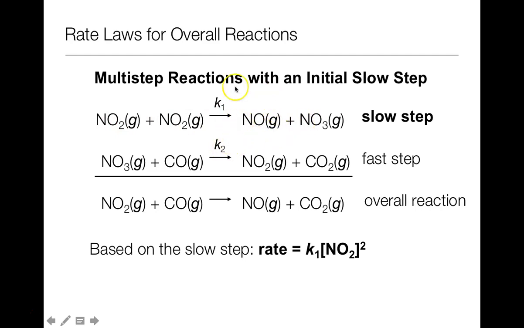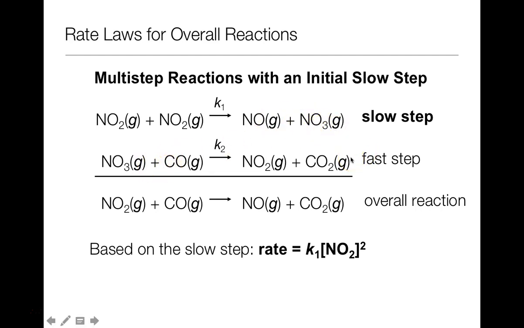And so this is where the idea of a bottleneck happens. So if K1 is much smaller than K2, what ends up happening is we start producing small amounts of these, because this reaction is really not that successful. As soon as one of these NO3s is produced, if this K2 is much, much faster than K1, essentially, not instantaneous, but it's really, really quick. Right? As soon as this NO3 is produced, it collides with the CO and immediately goes to product.